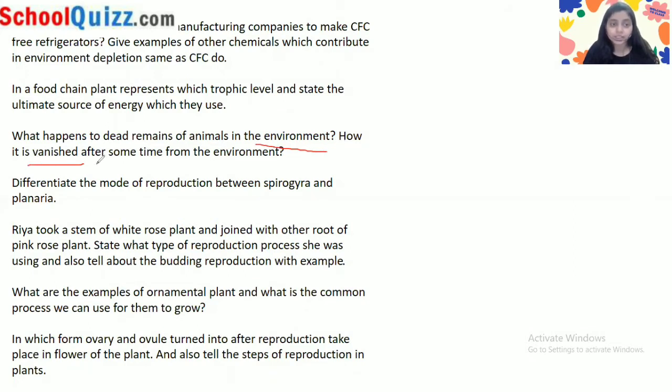How do they vanish after some time from the environment? This is asking about the decomposers indirectly. The question gives you a case-type question.